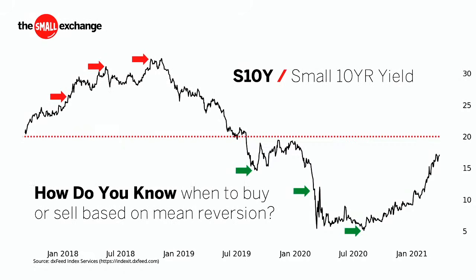And now I'm not just going to leave a cliffhanger here and say, go figure it out for yourself. How do you know when to buy or sell based off this mean reversion? Here I've given you some very cute little colorful arrows to show some examples. It was above the mean at $25 if I look to sell at the midpoint of 2018, but then it went all the way up to 30 and I would have been out $500 per unit.